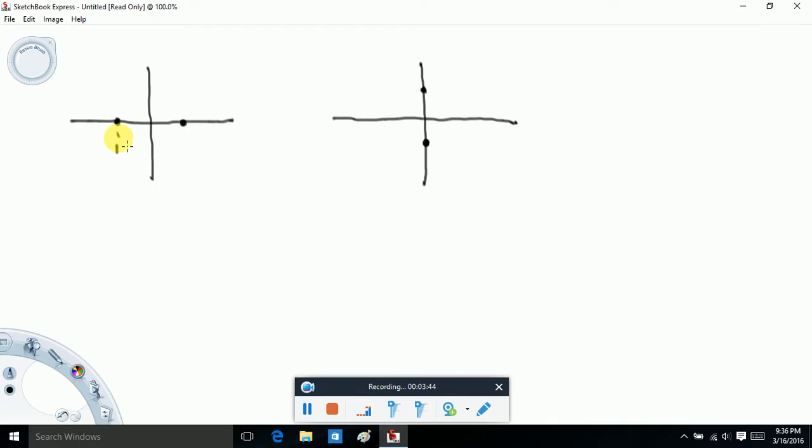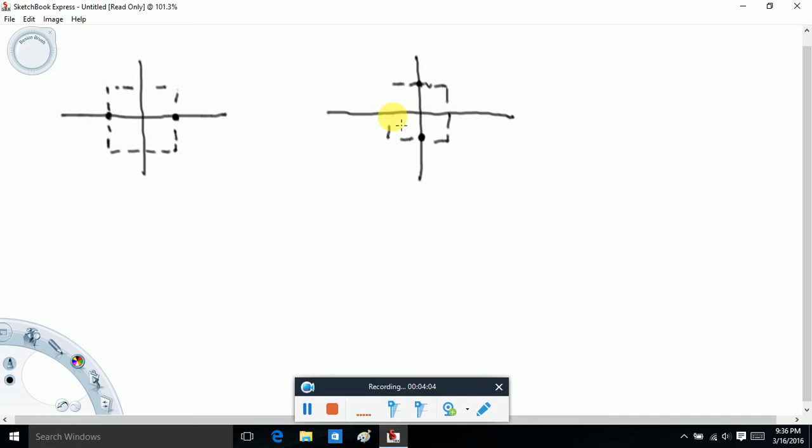And what I'm going to draw now is called the central rectangle. Okay, the central rectangle. And through the central rectangle are what are known as asymptotes.